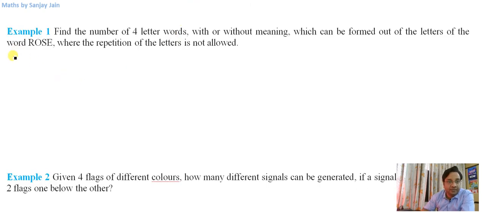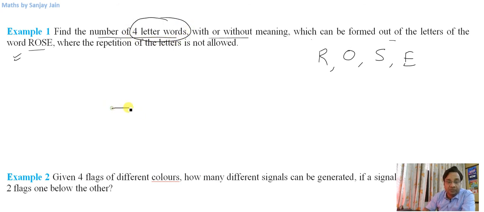Let us consider this example first. Find the number of 4-letter words with or without meaning which can be formed out of the letters of the word rose. So you have got these 4 letters R-O-S-E, and you have to find number of 4-letter words, right?